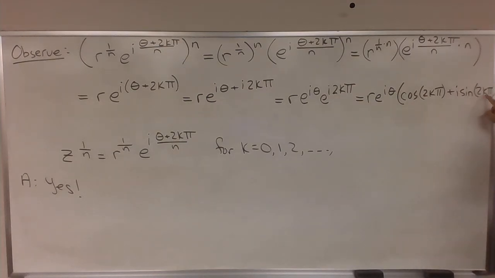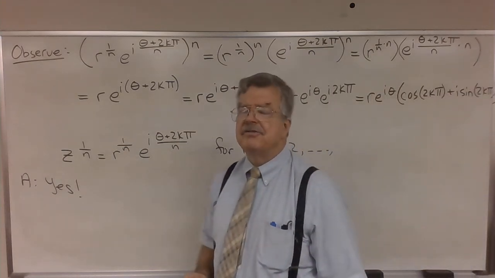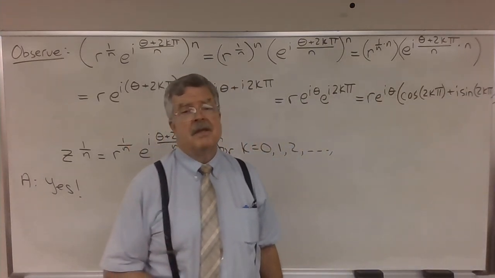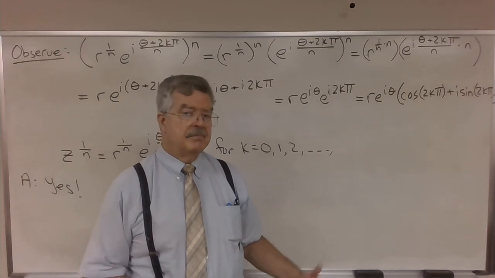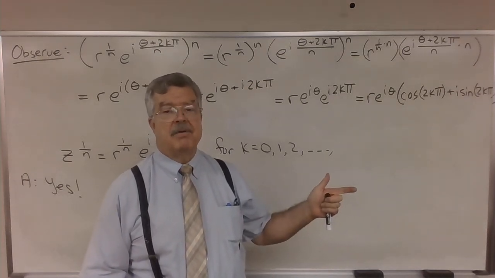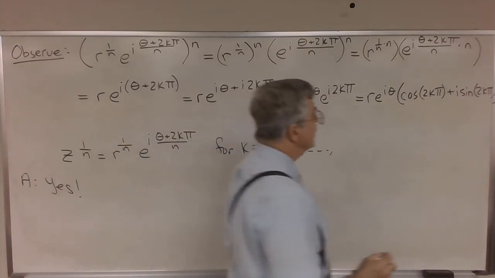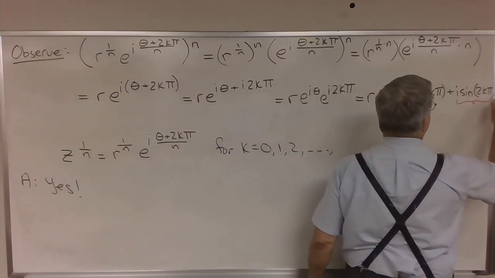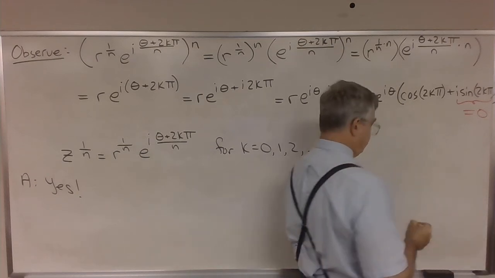So the sine of any whole number multiple of 2 pi is what? Let's see, sine of 0 pi is sine of 0, which is 0. Sine of 2 pi is 0. Sine of 2 times 2 pi, or 4 pi, is 0. All of these are 0.